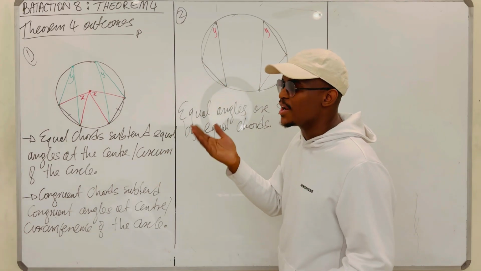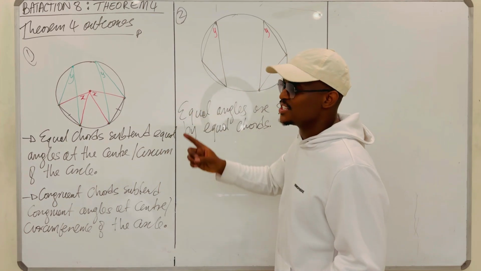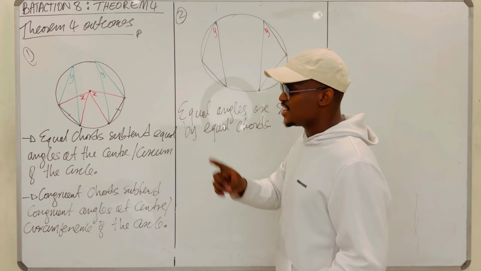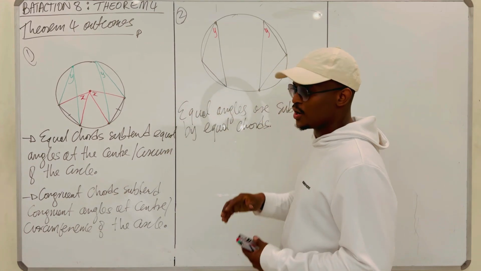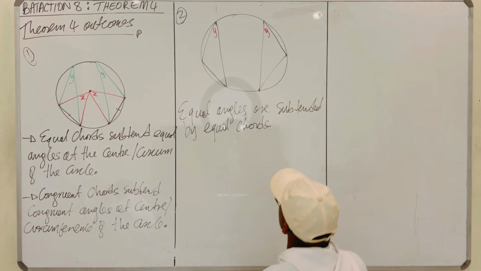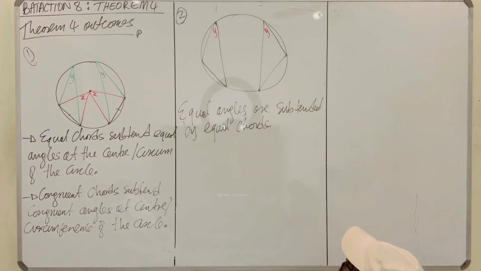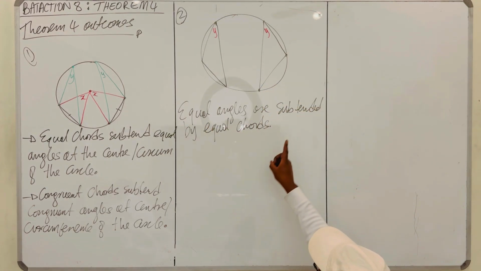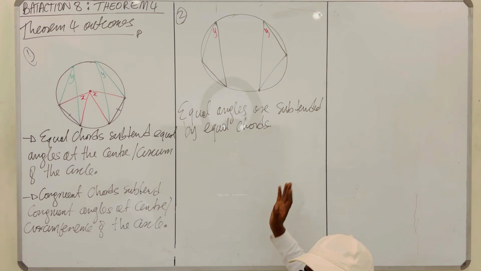What I'm saying is, the segments that they are subtended to are equal, and those segments will be equal if these two are equal. So equal angles are subtended by equal chords. Are you guys following? Can be the center, can be the circumference.